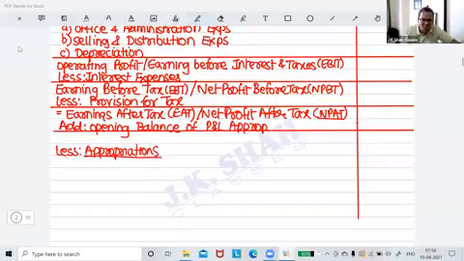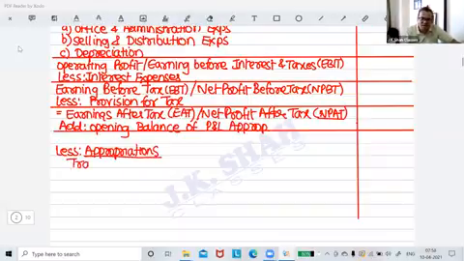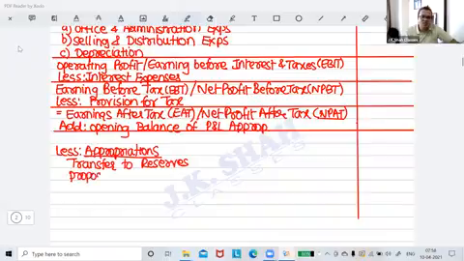What you have learned as appropriation: transfer to reserves and proposed dividend.